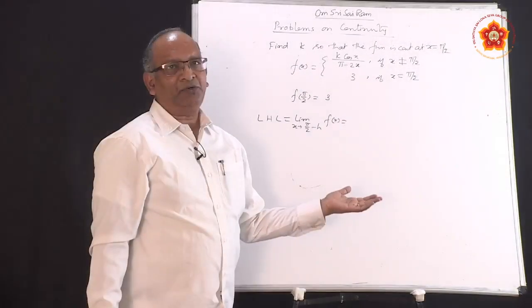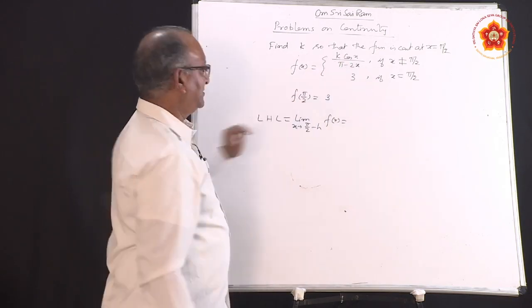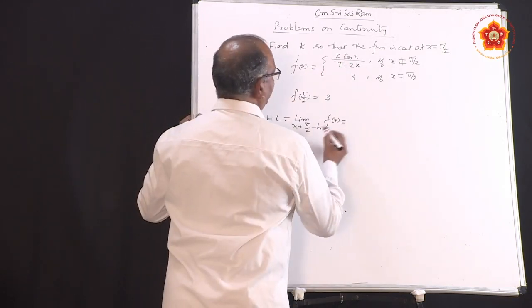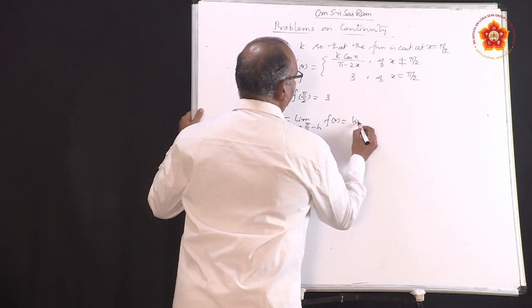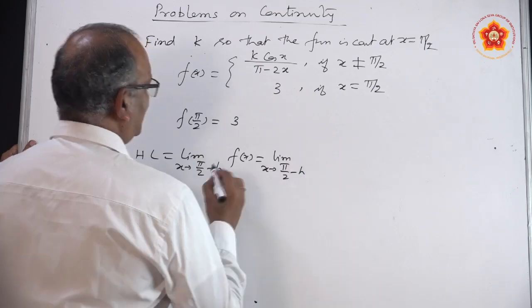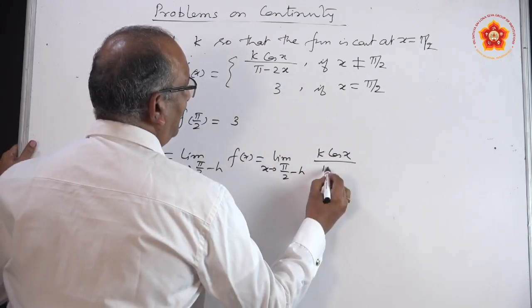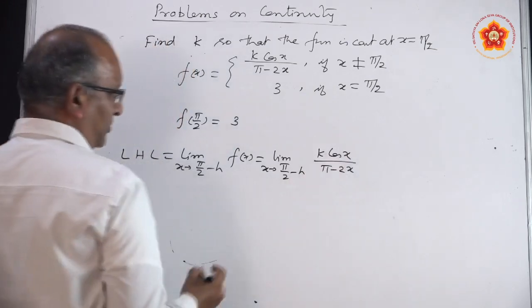Other than pi by 2, whatever be the value of the function, this is its value. So, substitute k cos x upon pi minus 2x. Proceed.